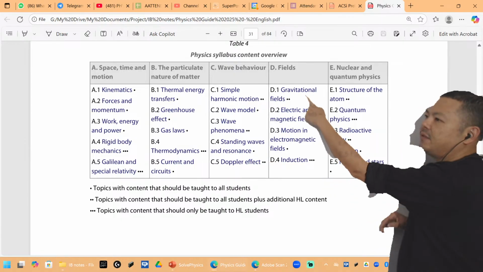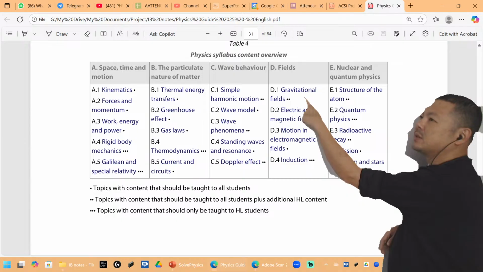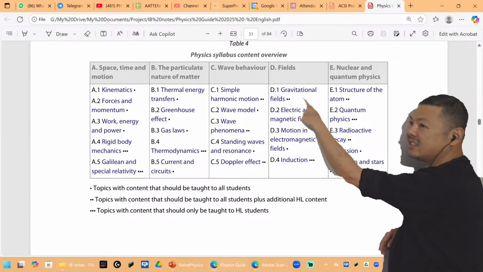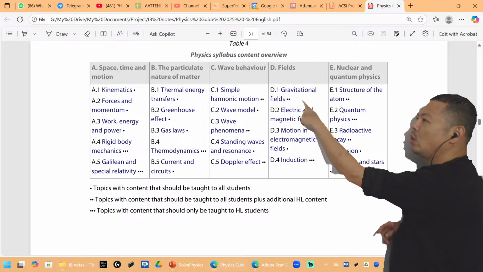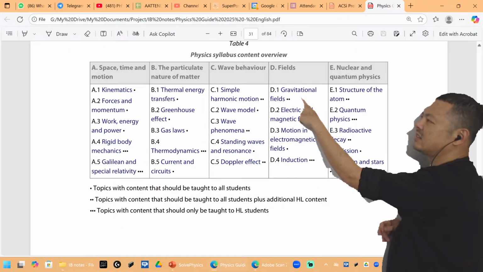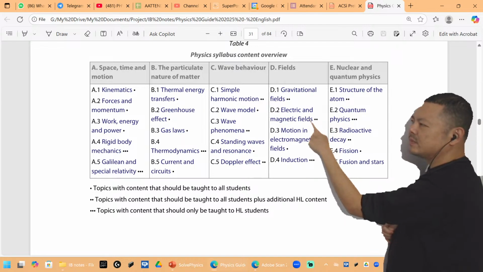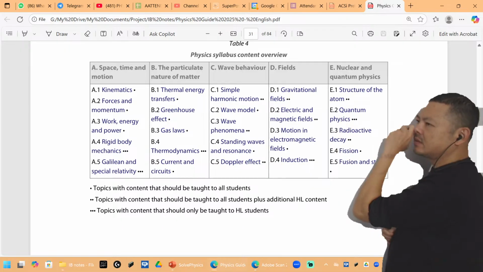Okay, G fields. Orbit and escape KE, orbital energy, losing energy during orbit, all these things. D2, E fields and B fields.